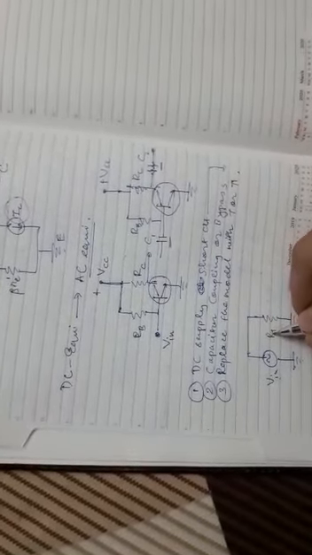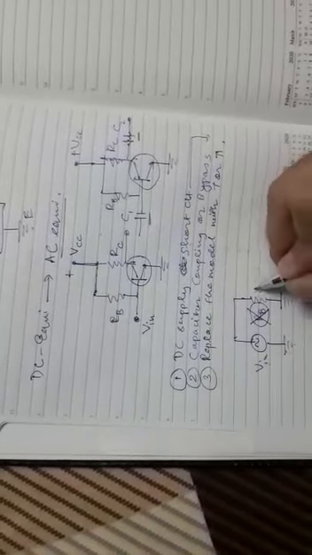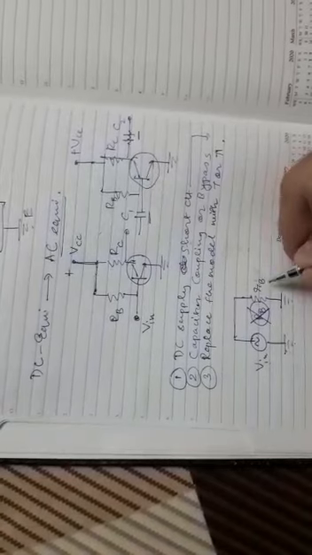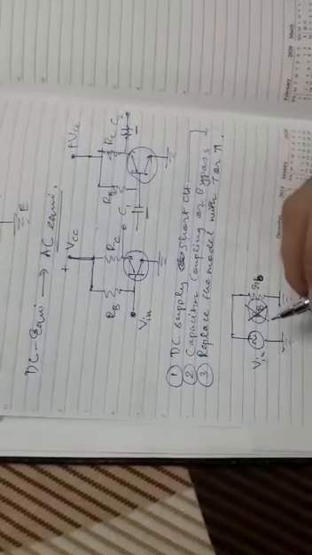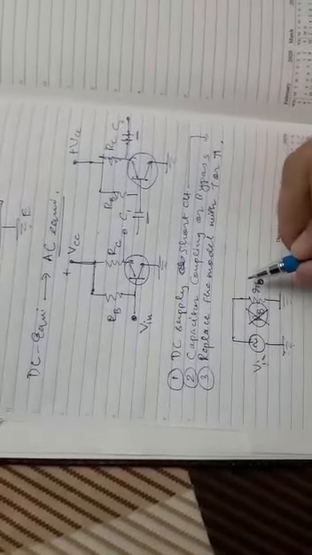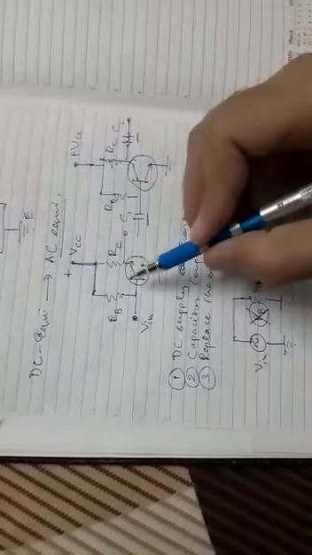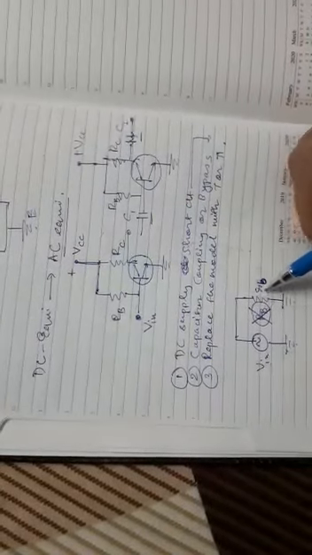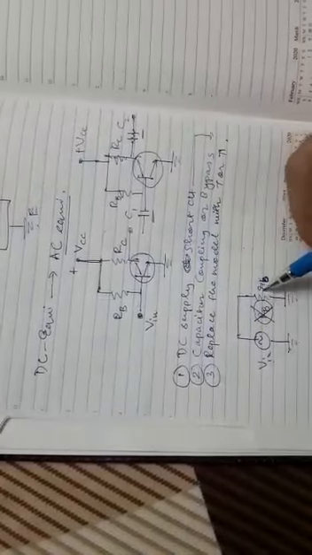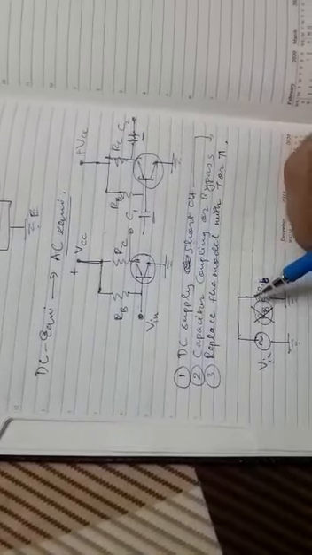After this parallel combination, we can denote this term as RB, right or wrong? No, this is wrong. We need to denote this with small letters, as we discussed in the previous video. So this is the base resistance placed over here. We have converted that resistance with the input supply into a parallel combination.